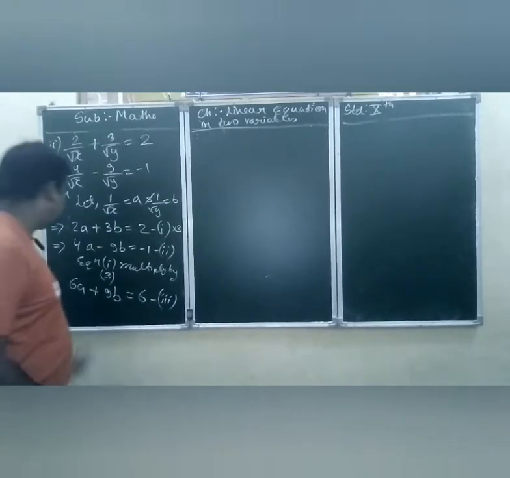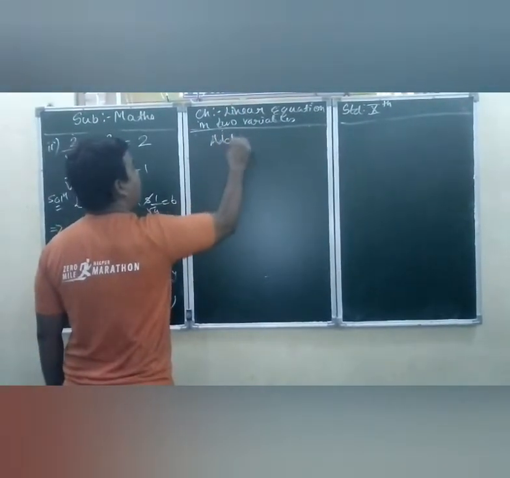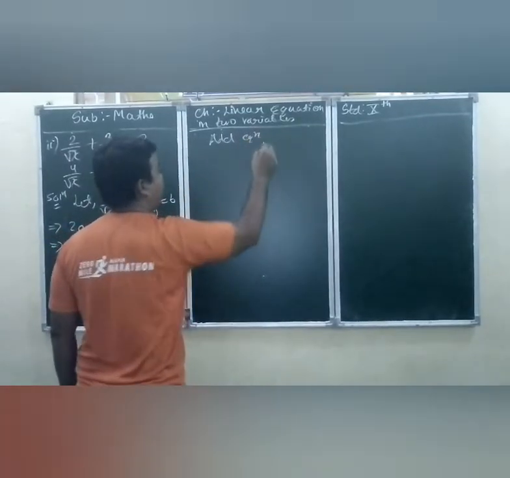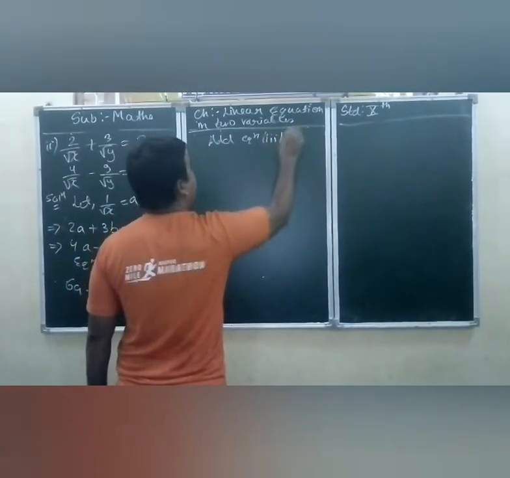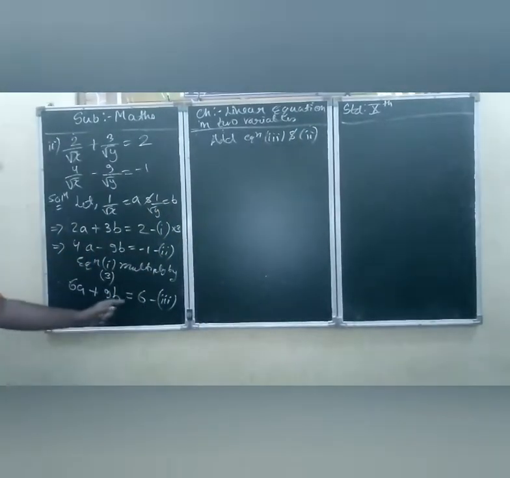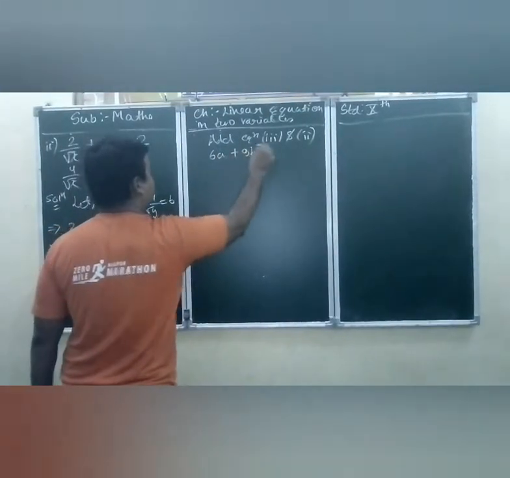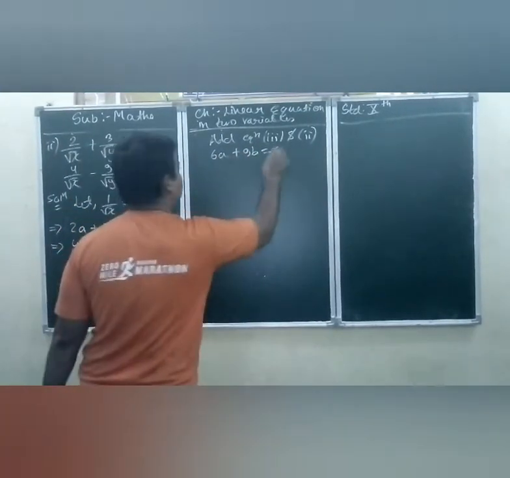Now take the third and second equations. The first equation has changed into the third equation. So 6a plus 9b is equal to 6.